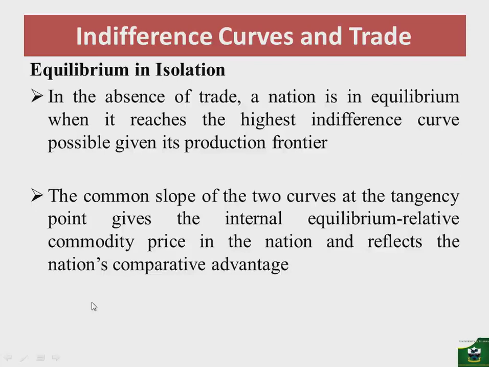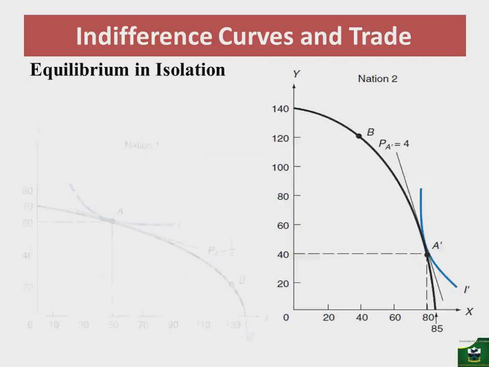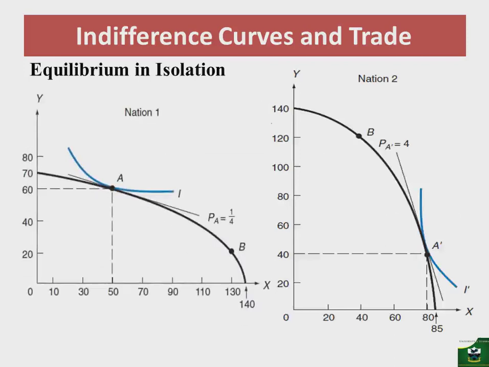So, we're going to see this on this graph and how this is done. So consider nation 1 and nation 2, and each is in isolation or in autarky. Nation 1 is in equilibrium at point A, where the community indifference curve 1 is tangent to the nation's production possibility frontier.